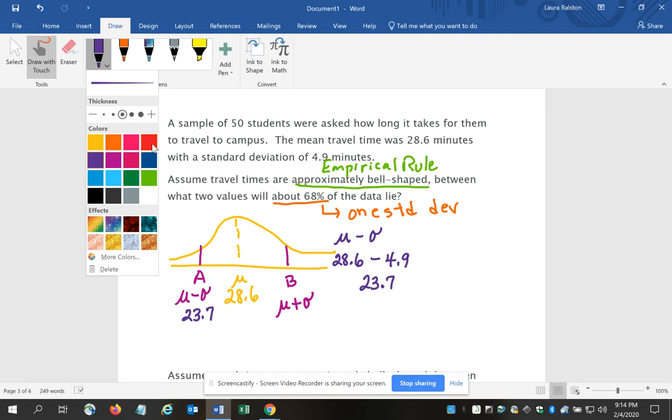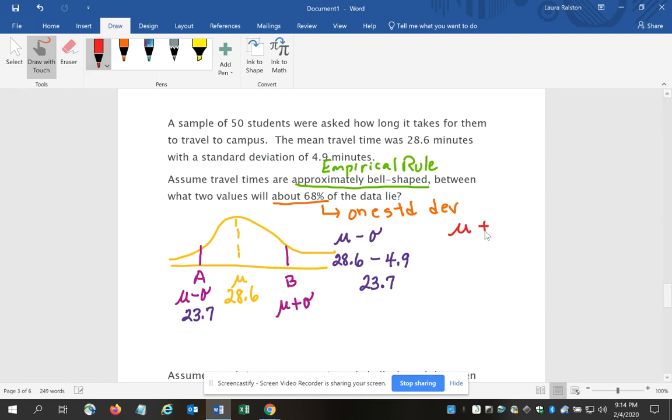I then need to also calculate B. So I have to do the mean plus the standard deviation. So I'm going to do 28.6 plus 4.9. Use my calculator. Guys, please learn to use the calculator. Don't try to do these calculations in your head. So it's 33.5.